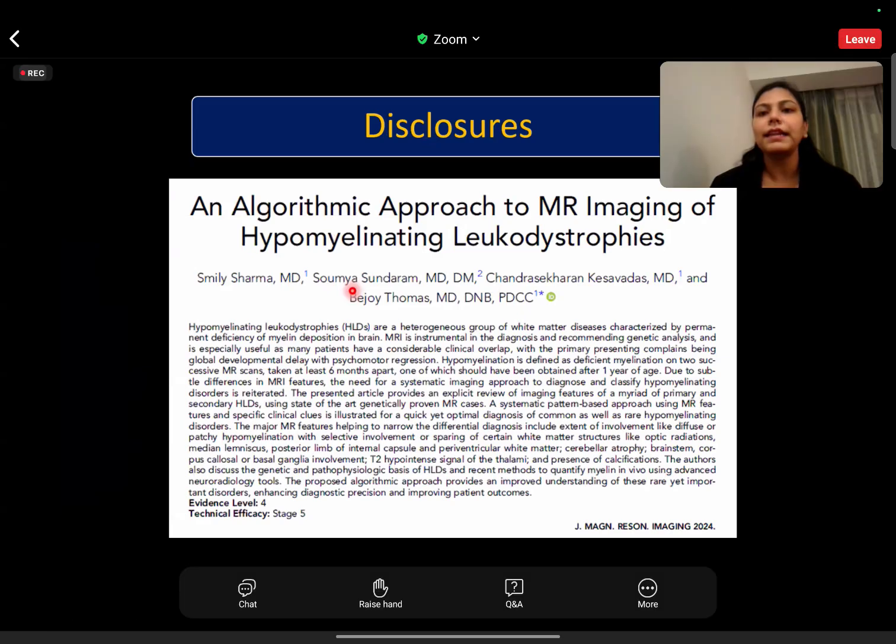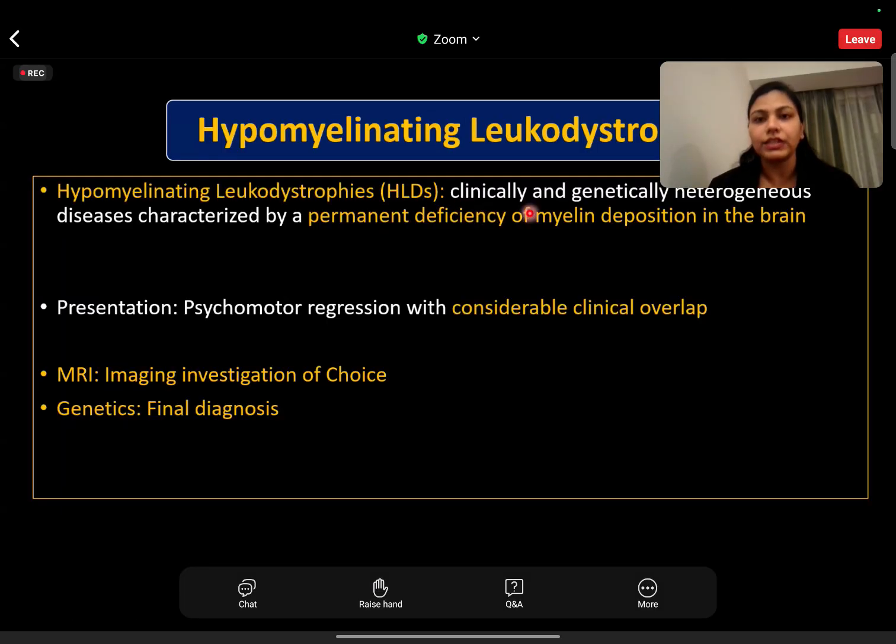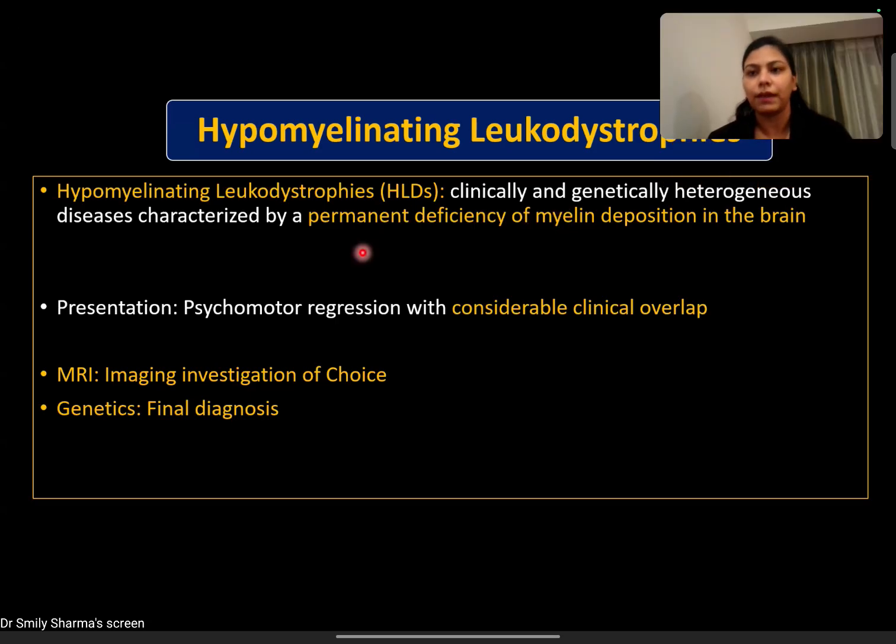So hypomyelinating leukodystrophies are clinically and genetically heterogeneous diseases characterized by a permanent deficiency of myelin deposition in the brain. These children have global developmental delay, present with psychomotor regression, and have considerable clinical overlap.